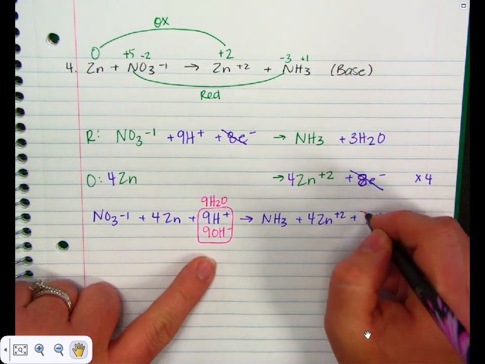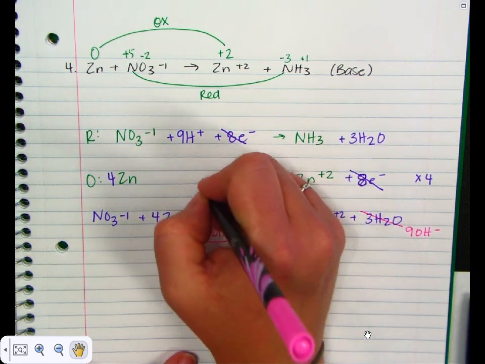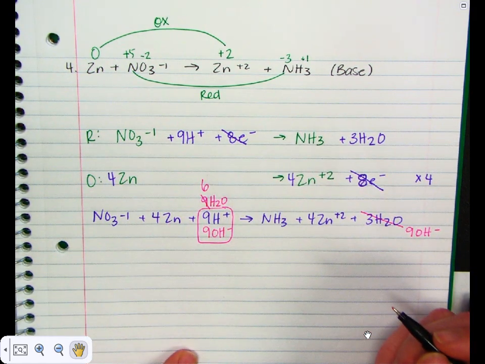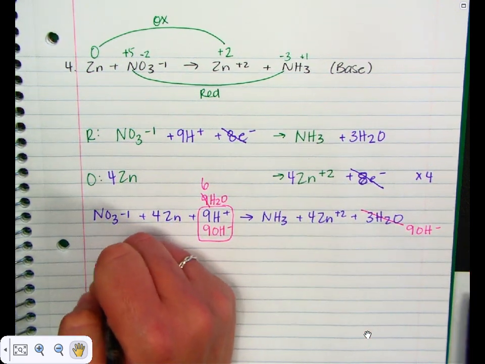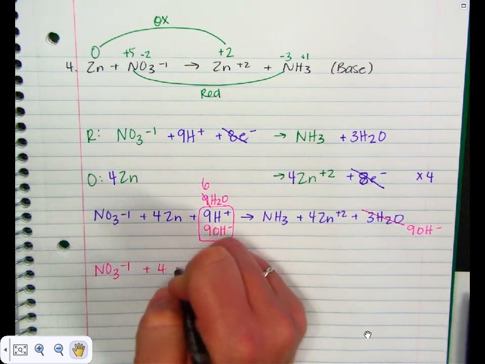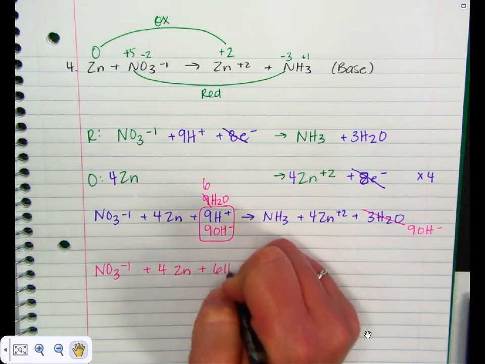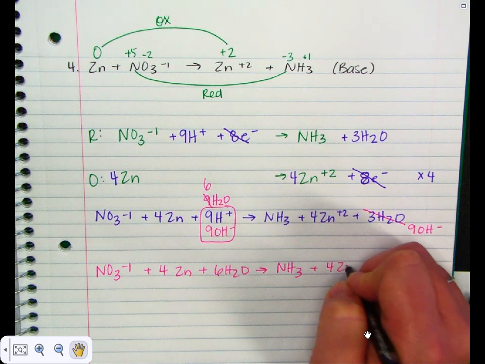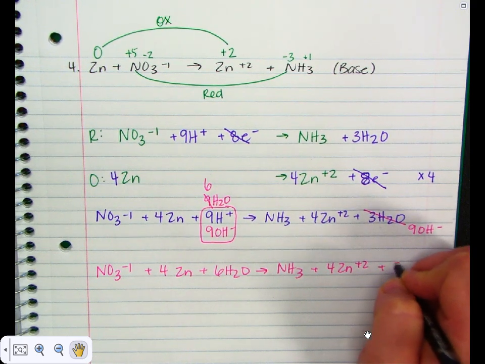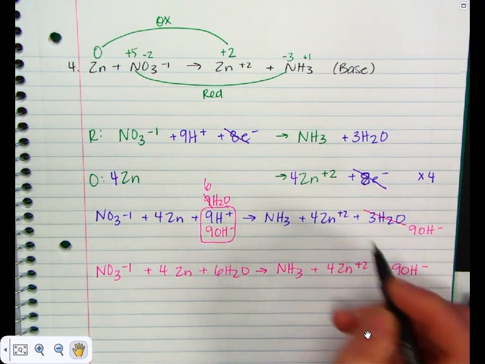So 3 of these cancel, and that's going to leave me with 6 waters. And that looks like it's it. So my final answer, NO3 minus 1 plus 4 Zn plus 6 H2O yields NH3 plus 4 Zn plus 2 plus 9 OH minus.